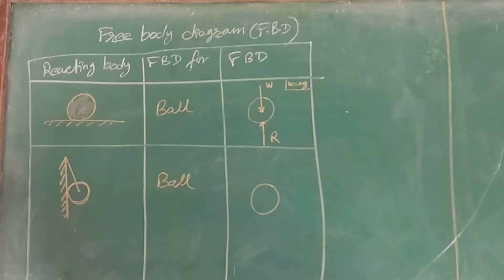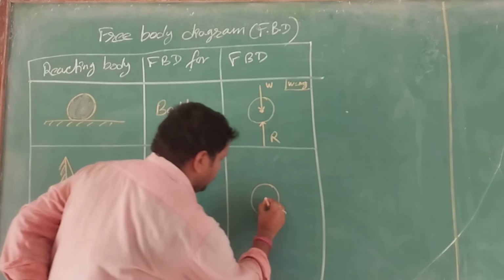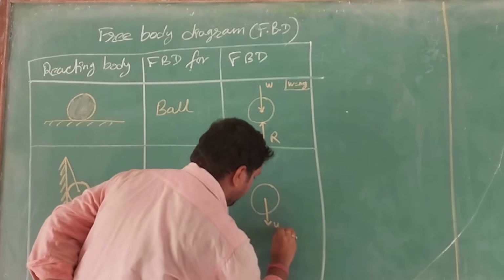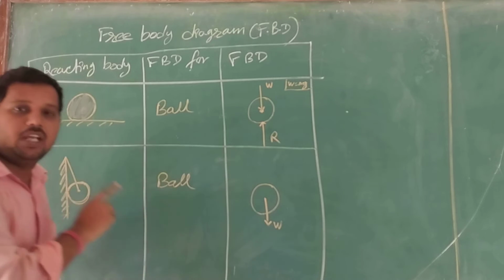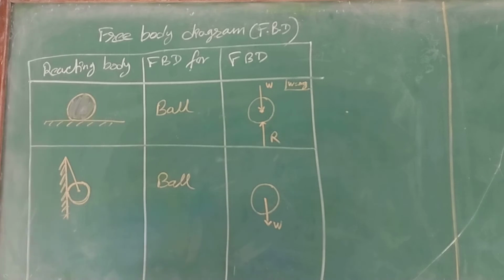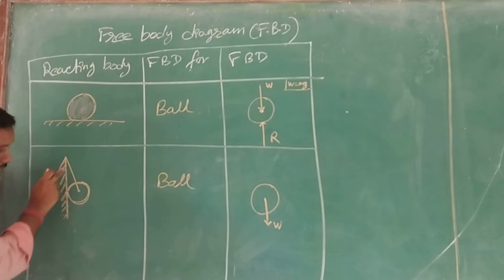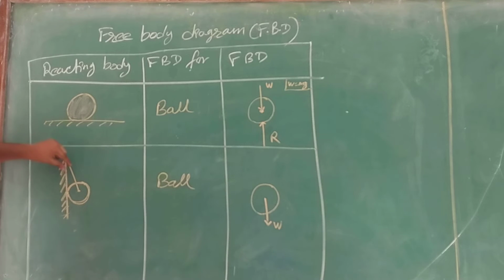If you could see here, first of all, the weight of the ball will act vertically downward. So this is my weight of the ball which acts vertically downward. Now, since there is a thread or a string tied to the wall, there will be tension, as this string is pulling the ball.